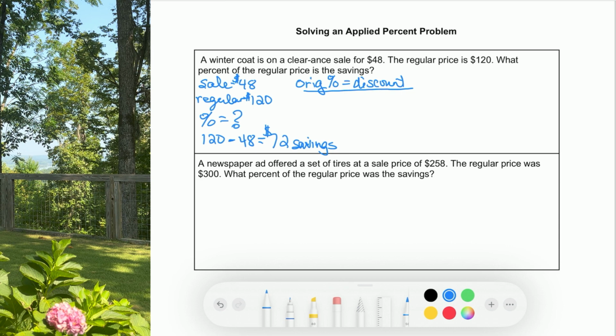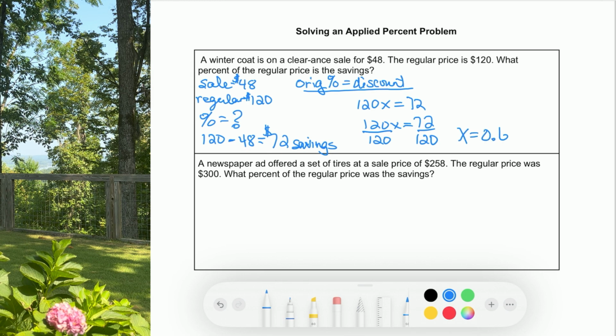Now we can use this to find the percent. So the original number was 120 times the percent we don't know. I'm going to give it X, equals the discount, 72. Now I can actually solve my problem. So 120X equals 72. Divide by 120.